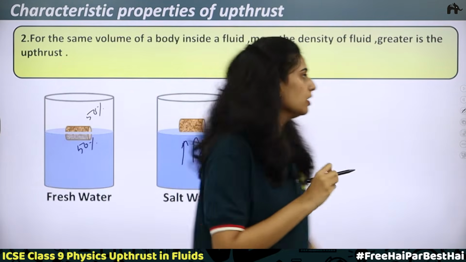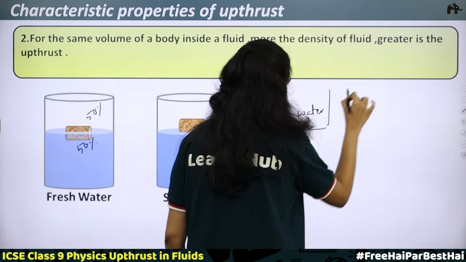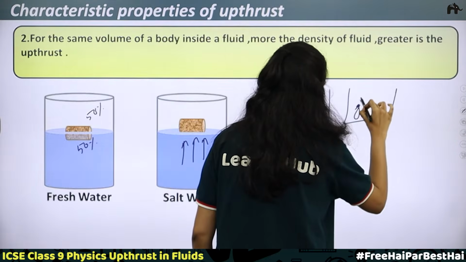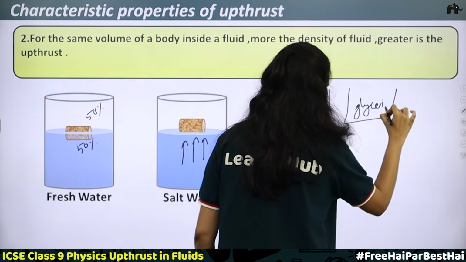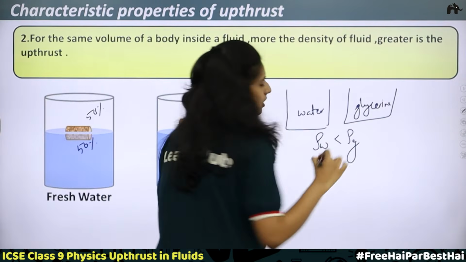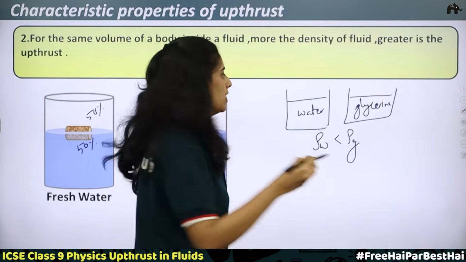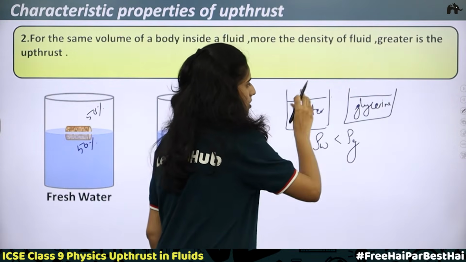Now you take two containers. One is filled with water and the second one is filled with glycerin. So we know that the density of water is less than the density of glycerin. You are taking two identical corks, which are placed on the surface of the fluids.